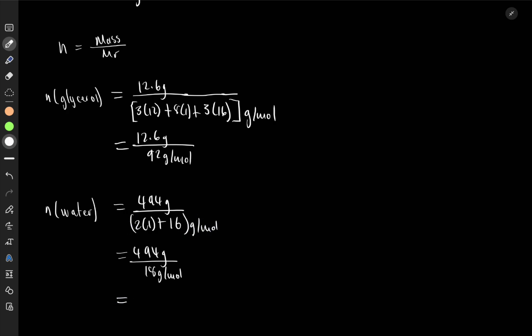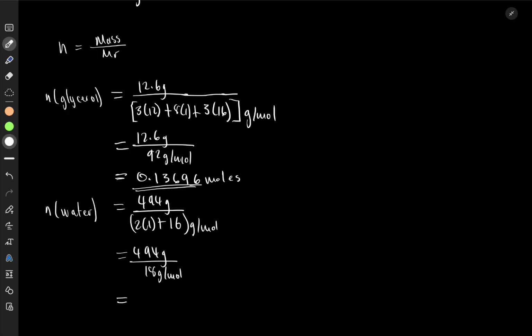This would give me what? So I would first say 12.6 divided by 92. I would get 0.13695, so 0.13696. Okay, I'll end here. These would be moles. Then here I'll say 494 divided by 18.